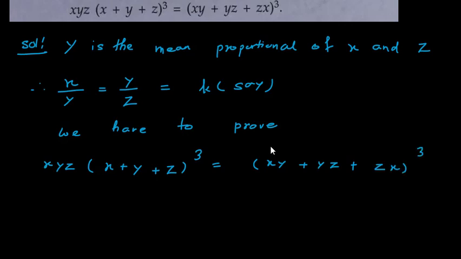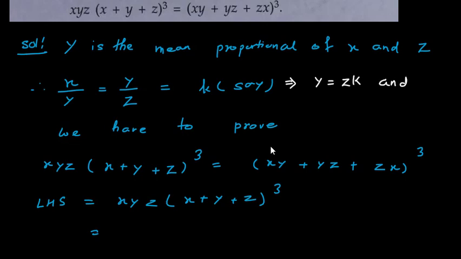We will start with LHS. LHS is xyz into (x plus y plus z) the whole cube. Now from x upon y equal to y upon z, you can write y is equal to zk, and x is equal to yk, that is z into k square.